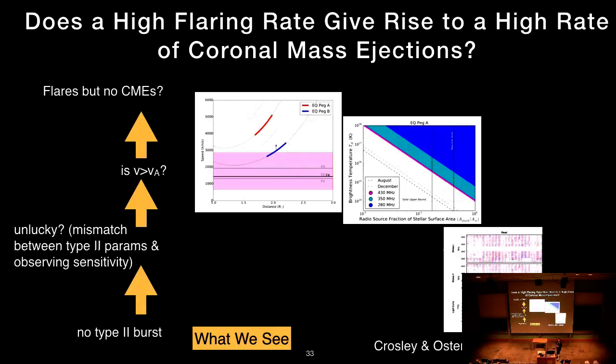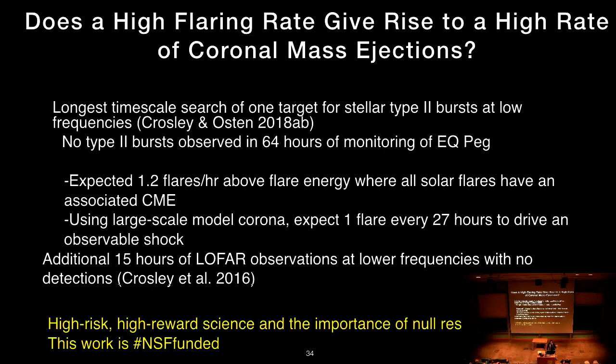And then finally, we have the possibility that we're having flares, but no coronal mass ejections. And remember when I told you earlier about that relationship between flares and CMEs implies a very high rate of cumulative mass loss that appears to be inconsistent with observations of weak stellar winds. So there's a couple of ways to slice and dice it, but the final result is we didn't see any type 2 bursts.